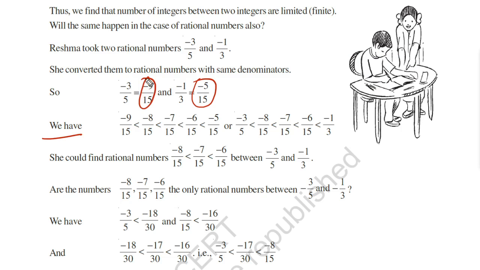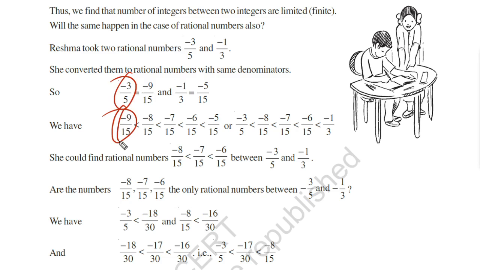Now we have minus 9 by 15 and minus 5 by 15. So in between minus 9 by 15 and minus 5 by 15, what are the rational numbers? These are the rational numbers. Minus 9 by 15 is smaller than minus 8 by 15, smaller than minus 7 by 15, smaller than minus 6 by 15, smaller than minus 5 by 15. In other words, minus 9 by 15 is equal to minus 3 by 5.